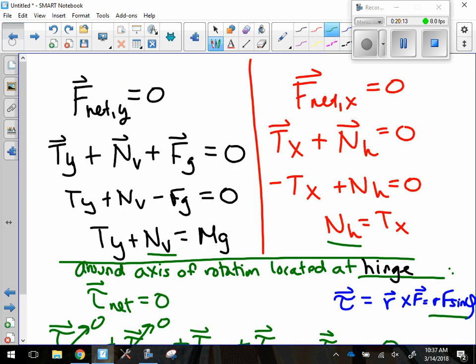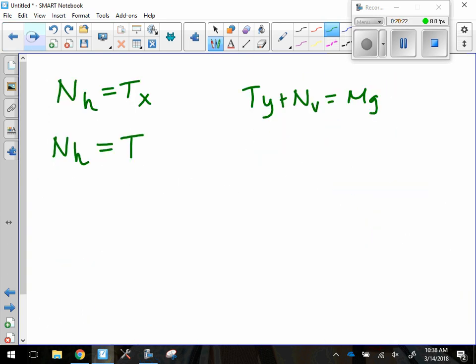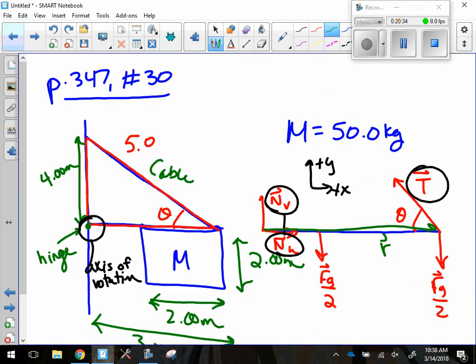I'll go back to the picture. What's TX is going to be here, so that's going to be T cosine theta. So that's going to be T, and what's the cosine of theta? Should be, right?